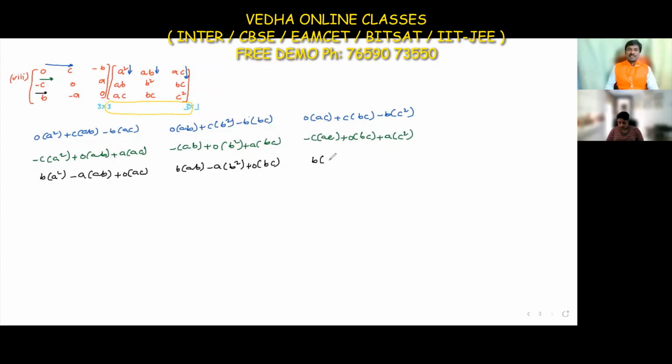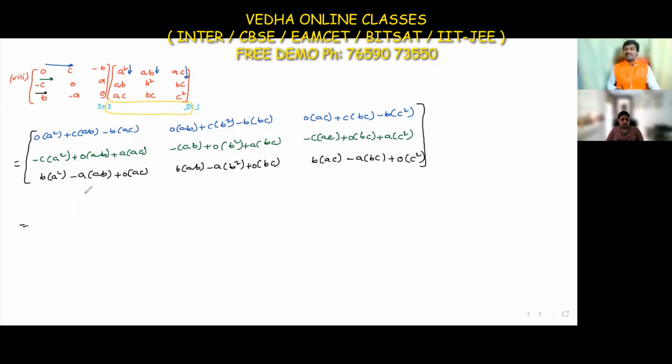B into AC minus A into BC plus 0 into C square. Third row multiplied with the third column completed. Now the remaining part is simplification.